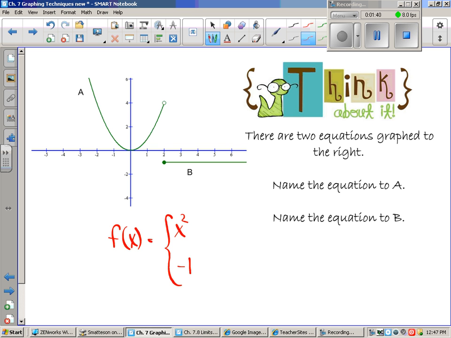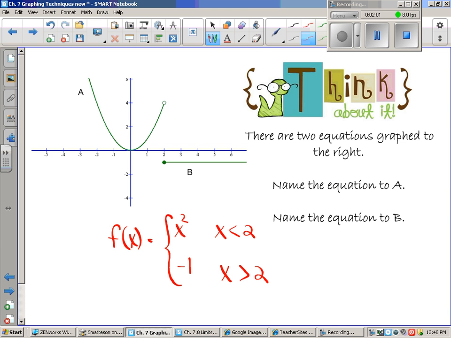Well, when is it equal to the x squared graph? When does it follow that pattern? It follows that pattern for all the values that are less than 2. And then at 2, it picks up, and greater than 2, it picks up with that -1.